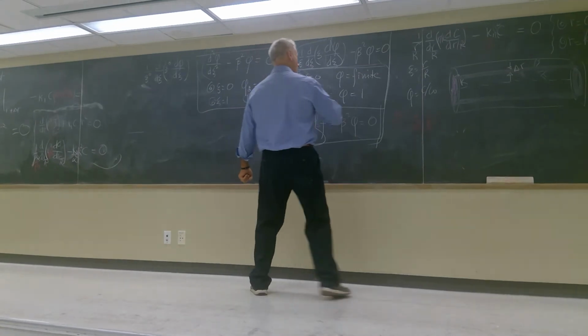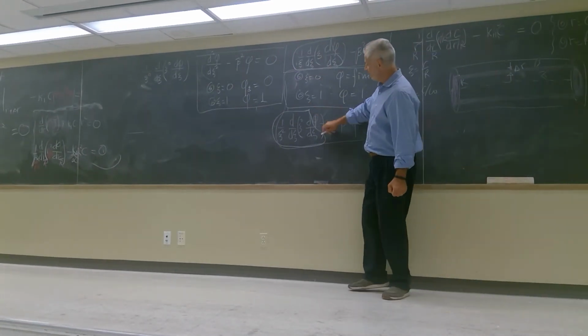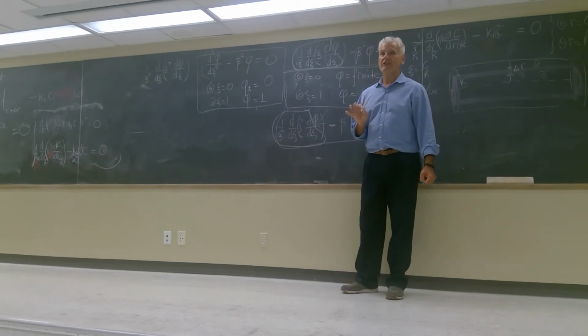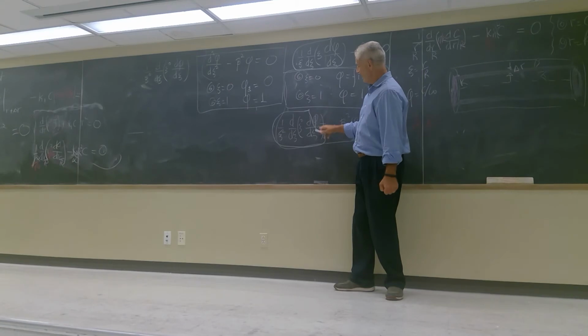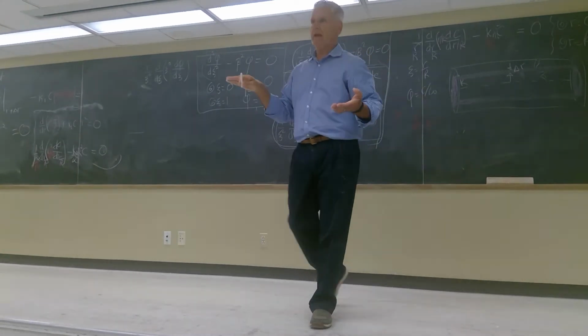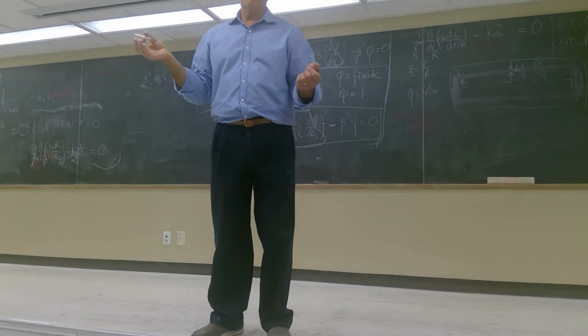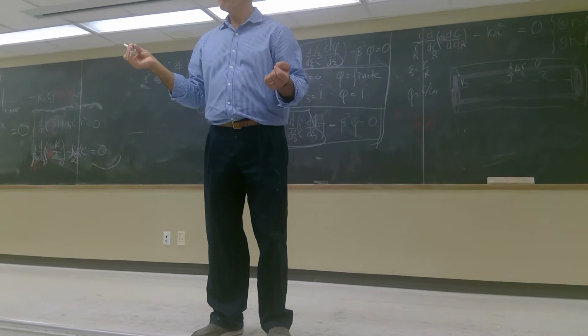Okay, so I want again to tell you that what I have put in this is the so-called Laplacian operator that operates on phi, and for a plane, the Laplacian operator is simply the what? The second derivative. Okay?